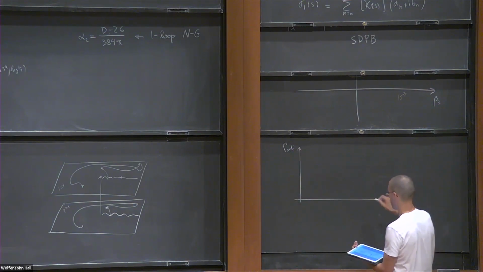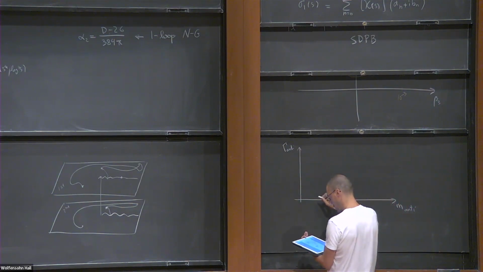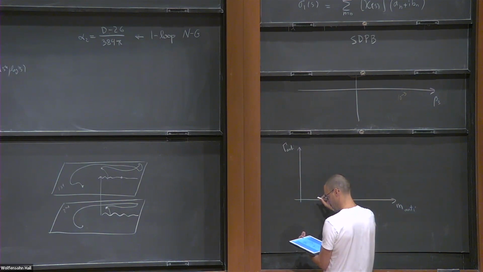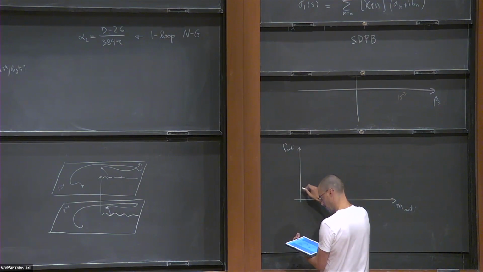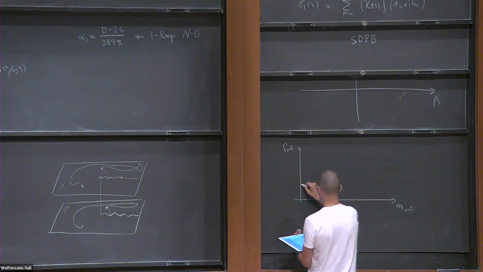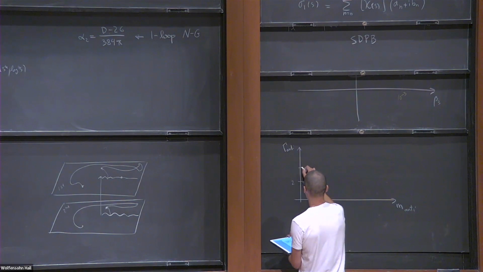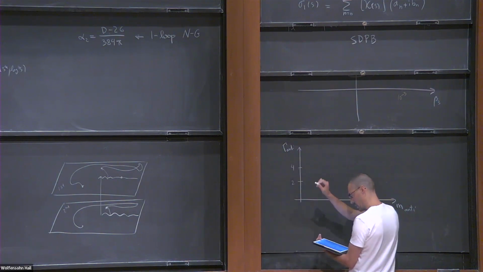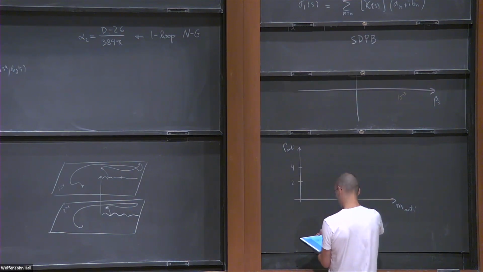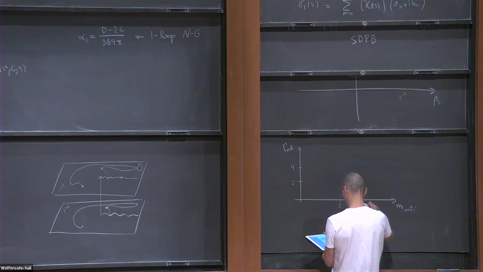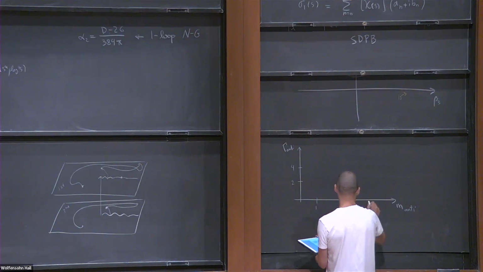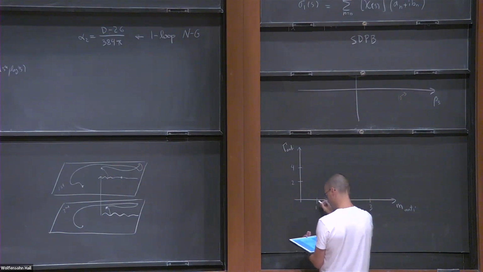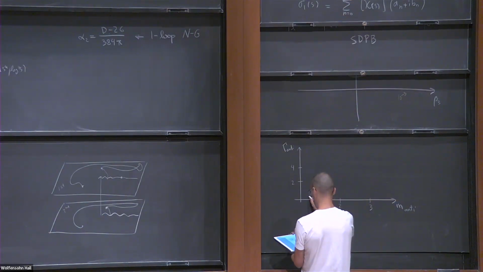in that region over there, you find that the width is actually much smaller than the mass. Let me put this in some units. The units are always l_string equal to 1. Something like that. And then there is a curve.